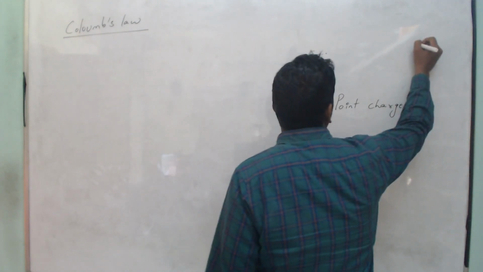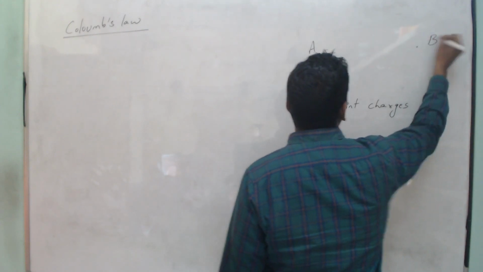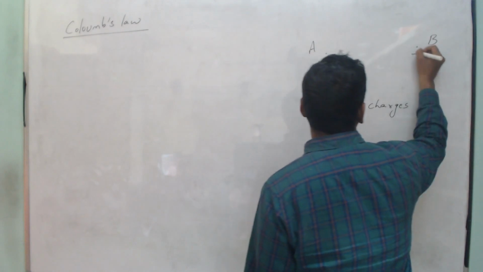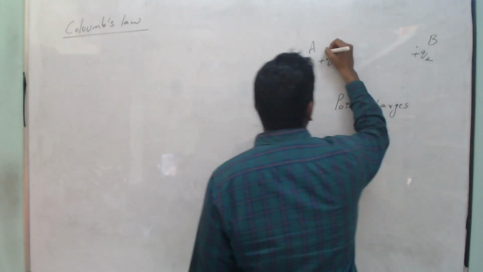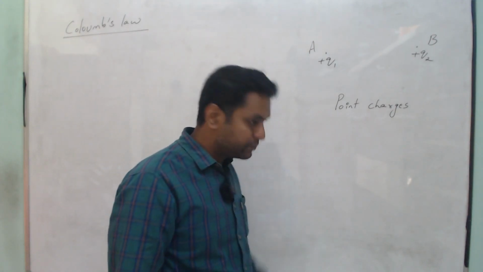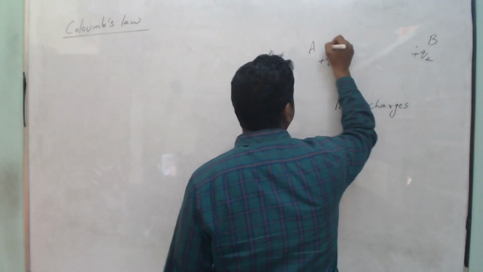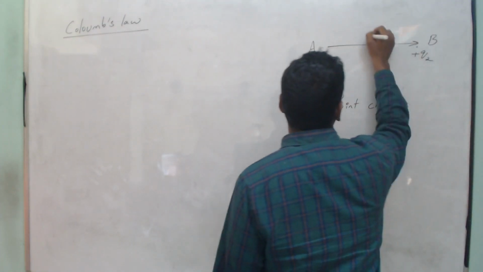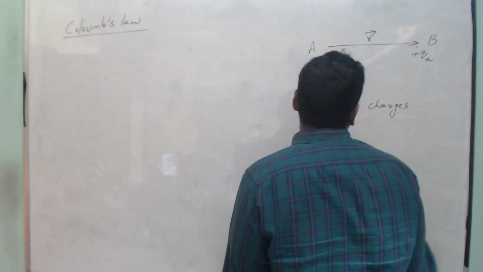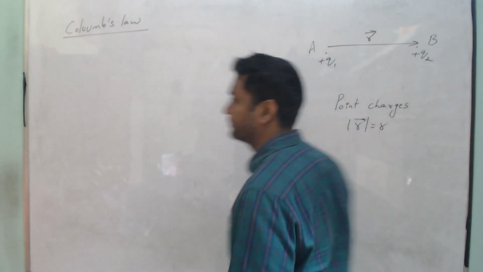So let us take two point charges placed at points A and B, and let us say this charge is plus q1, the charge over here is plus q2. Let me define the position vector of B with respect to A as r bar, where the magnitude of this can be written as small r.